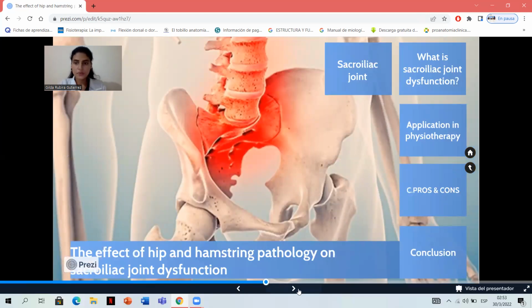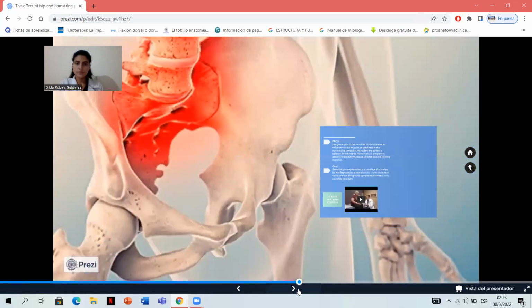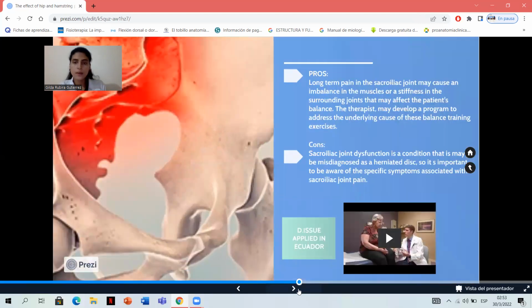Well, pros and cons. Long-term pain in the sacroiliac joint may cause an imbalance in the muscles or stiffness in the surrounding joints that may affect the patient's balance.